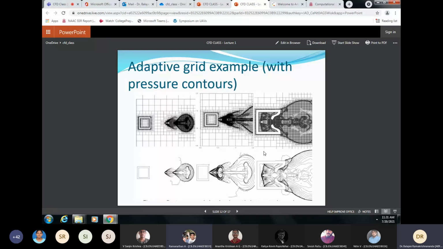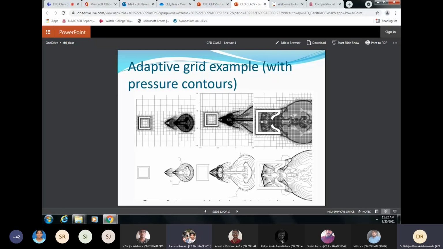Yes, sir. Okay. See, initially, let's say this shows a snapshot only at certain time steps. This process will go on in between time steps also. Let's, for example, we start with this grid. At this point, you have the solution. After every 10 iterations, for example, you see the pressure will change, correct?